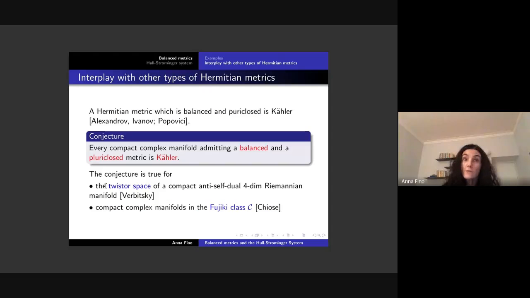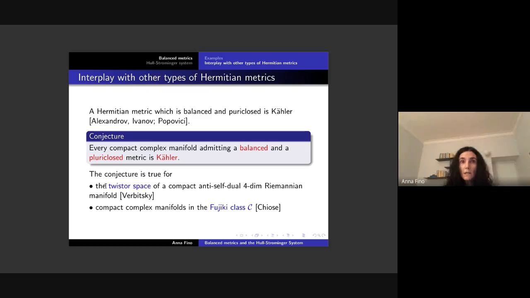Let's see now the interplay with other types of Hermitian metrics. The first thing that one can show was shown by Alexandrov and Ivanov, and with another proof by Dan Popovici: if you take a Hermitian metric which is at the same time balanced and pluriclosed, what does pluriclosed mean? It means that the fundamental form is ddbar-closed.